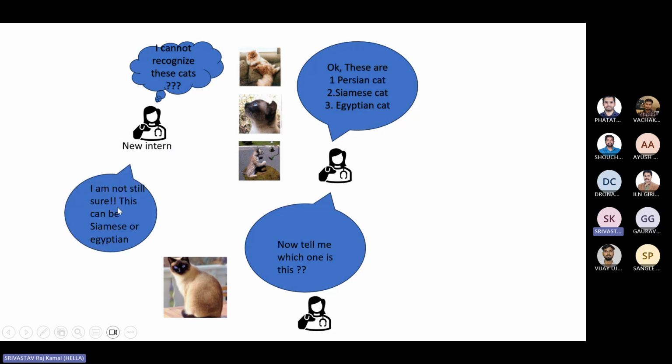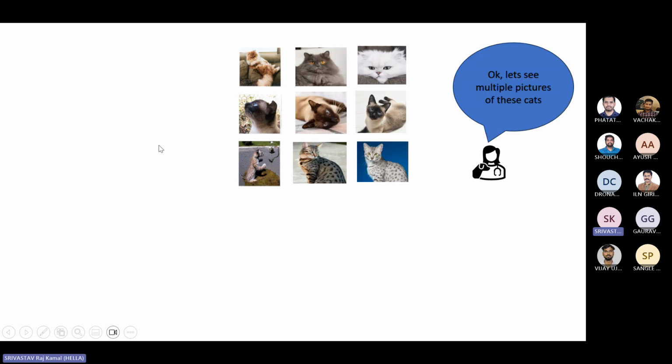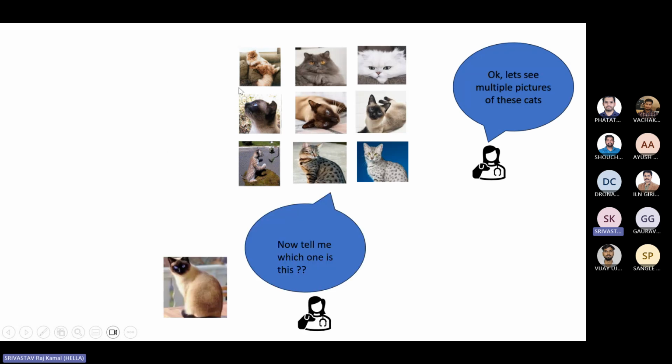She says, I'm still not sure, this could be a Siamese or an Egyptian. So the doctor gives her the examples again: now see these many cats. These are the Persians, these are the Siamese, and these are the Egyptian cats. Now tell me which is this. Now she would be able to tell: okay, now I get this, this is a Siamese cat.